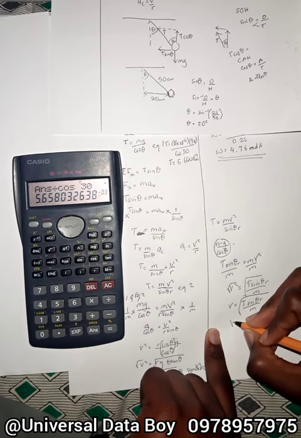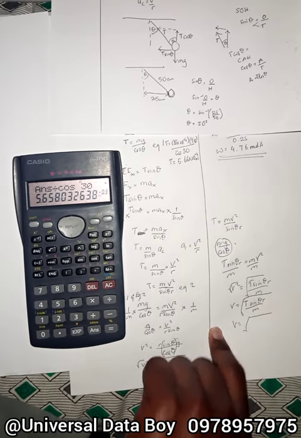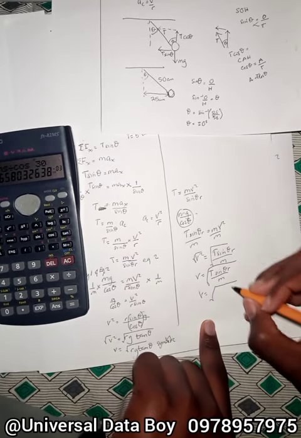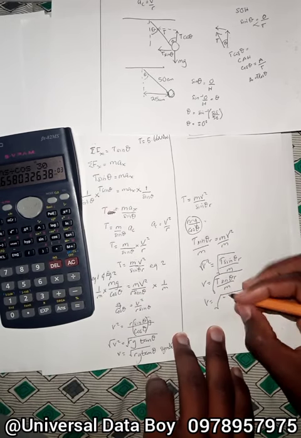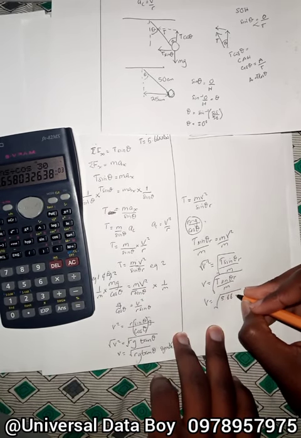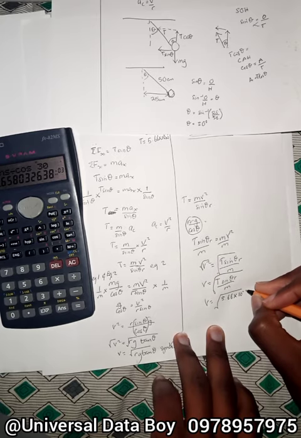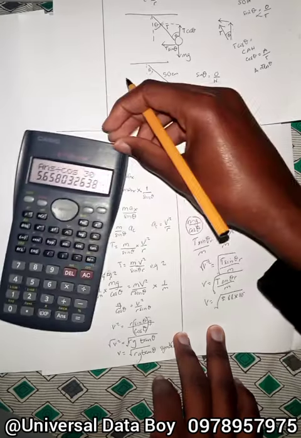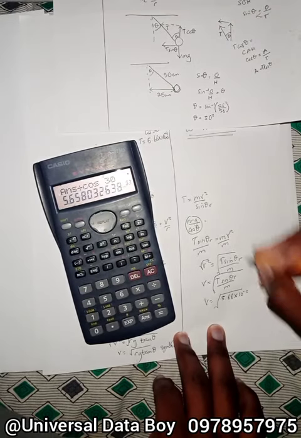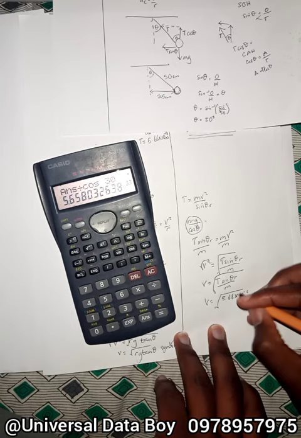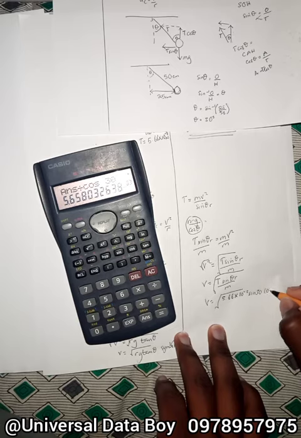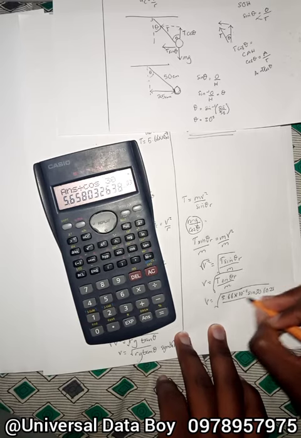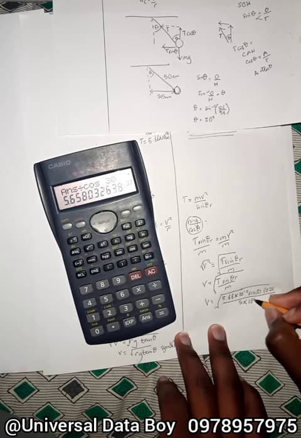So now our v is equal to, t we found it to be 5.66 times 10 to the power neg 3, sorry for that, this was neg 3, sine 30, our radius is 0.25, of course, and then our mass is 5 times 10 to the power negative 4 kgs.